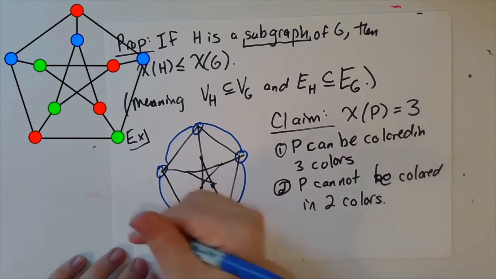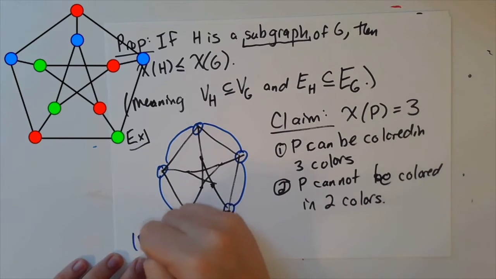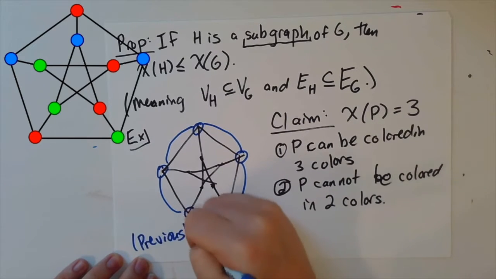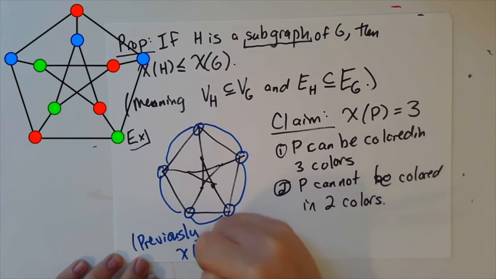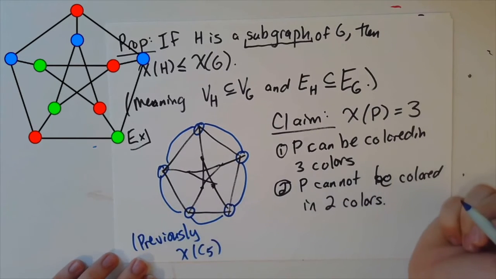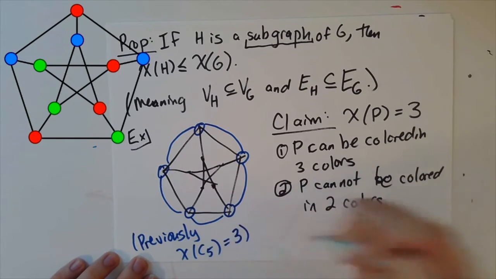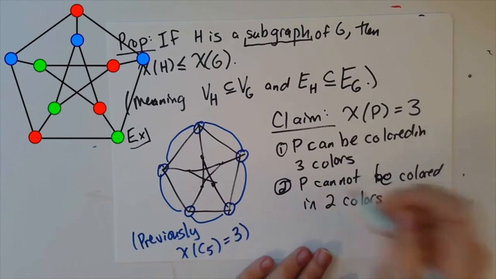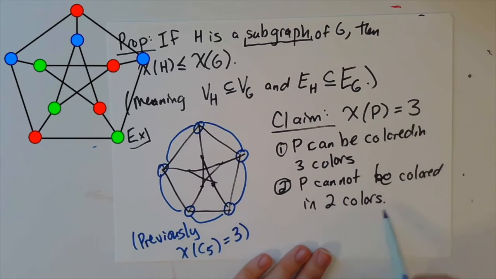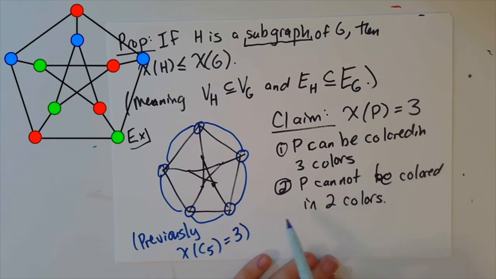Right? And last episode, we showed that the chromatic number of the cyclic graph on 5 vertices is 3. And so why can P not be colored in 2 colors? Well, it can't be colored in 2 colors because it has a subgraph isomorphic to C5.